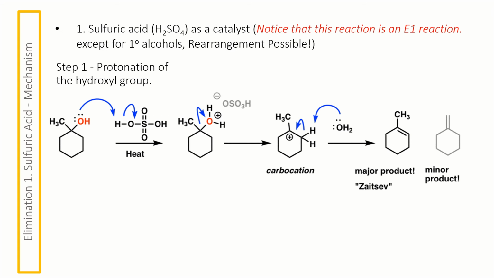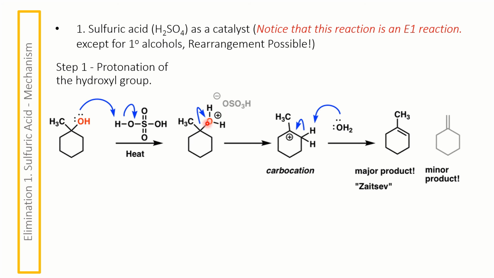You see this example here where we have this cyclohexanol and the OH is protonated by the catalyst, so it's protonated to form this group.